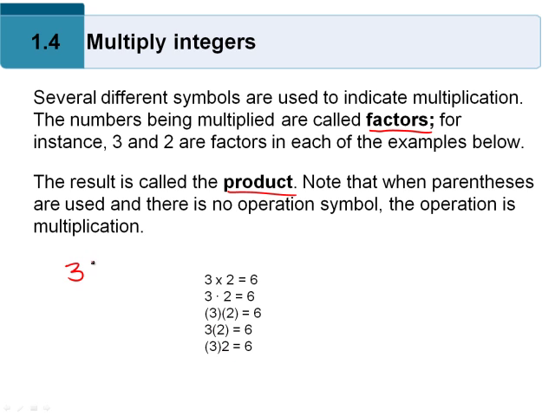Also, if you see a number and brackets and another number, that also indicates multiplication if there's no other operation sign between the two. Same thing with braces. Anytime you see any of those grouping symbols and there's no other operation sign, like between the 3 and the brace or the 3 and the brackets, that also indicates multiplication.